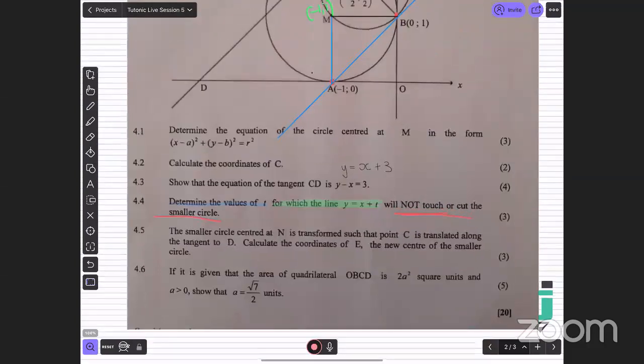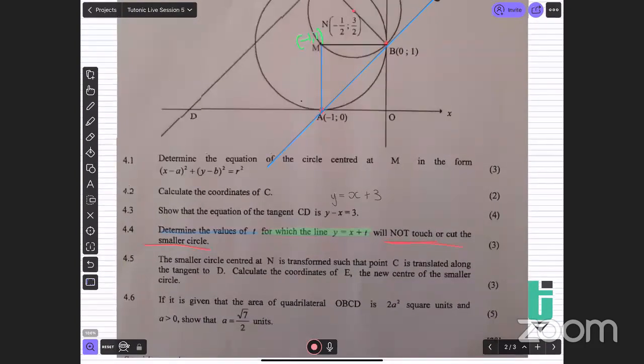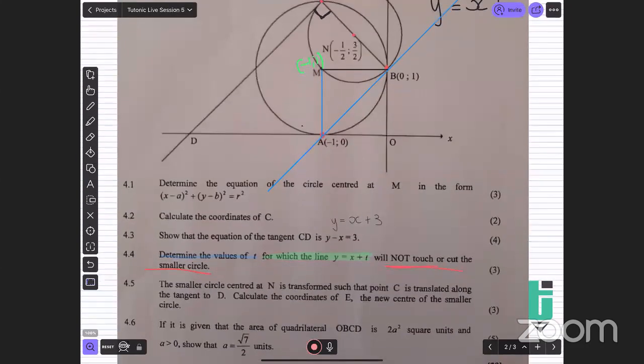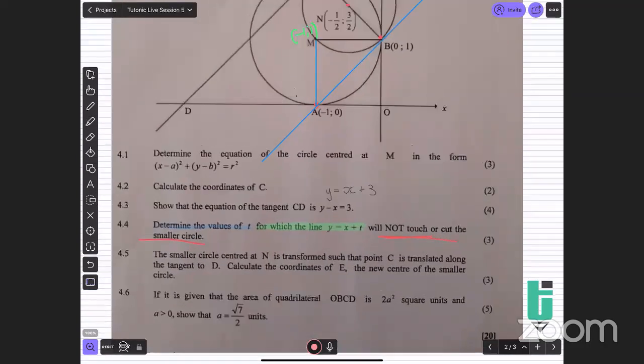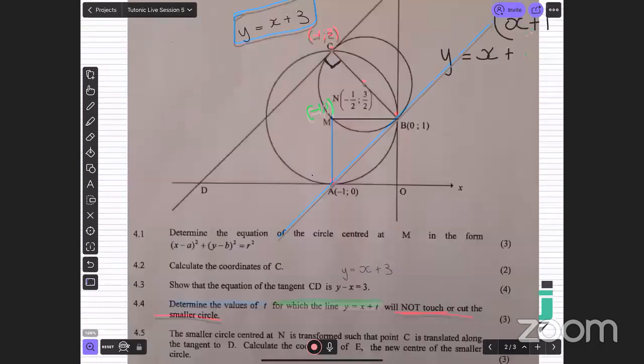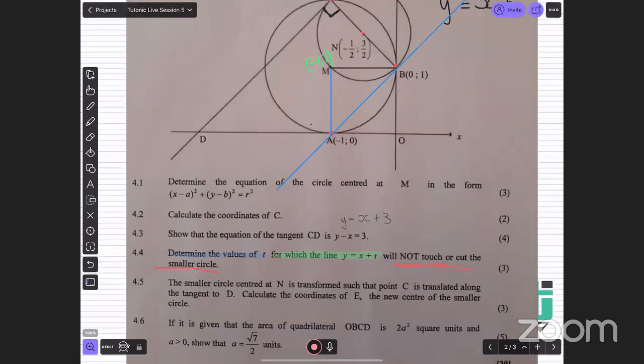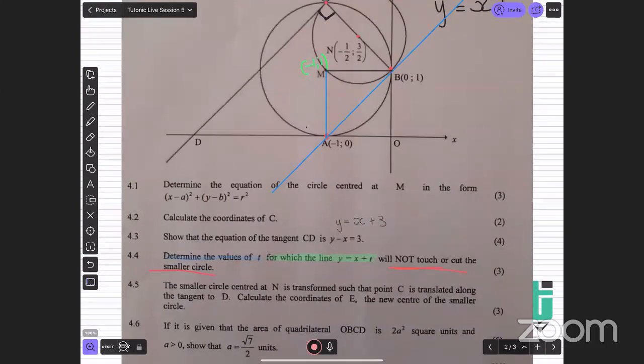The small circle at N is transformed such that point C is translated along the tangent.